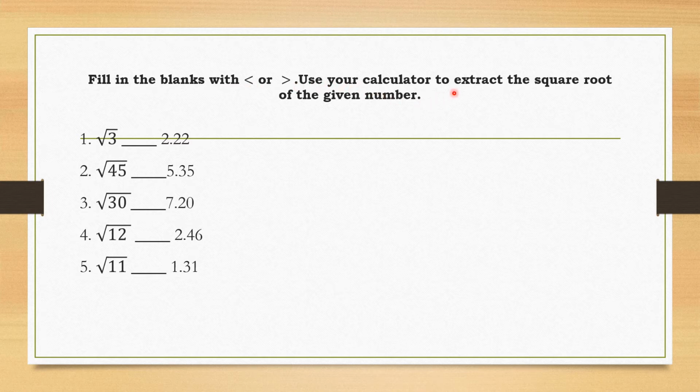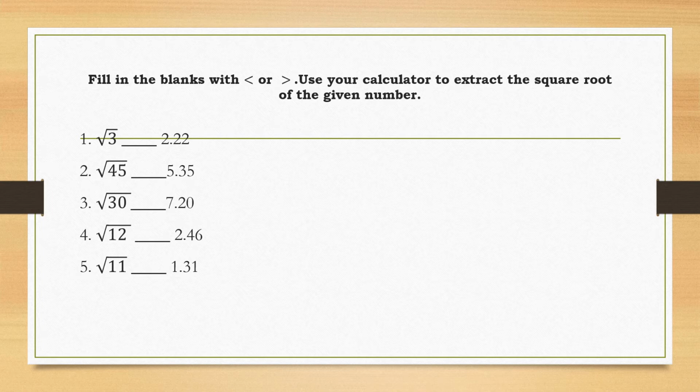Use your calculator to extract the square root of the given number. Okay, so if you have a cell phone, you can use your calculator there, no? There is a scientific calculator, and some Android phones have that.